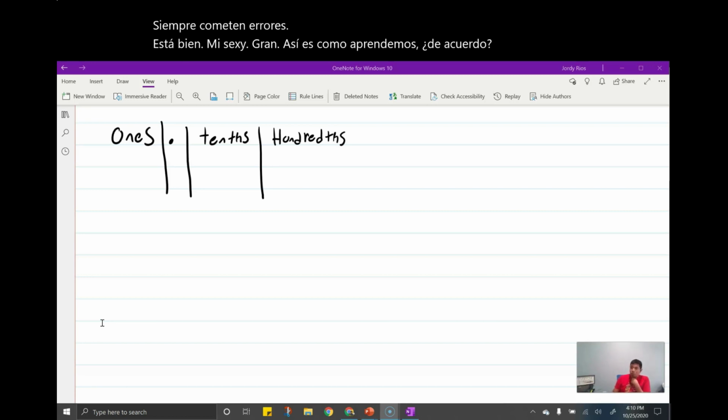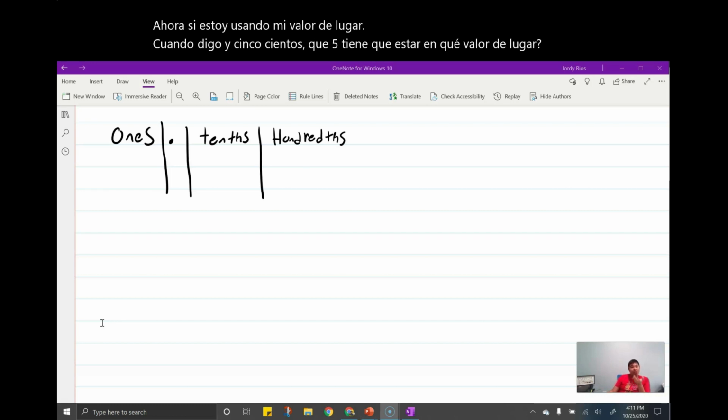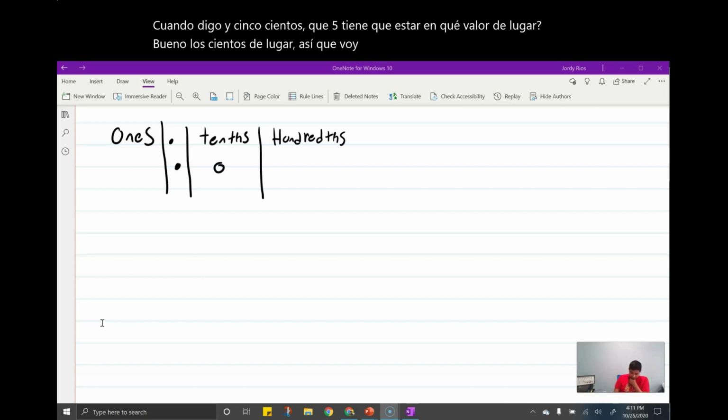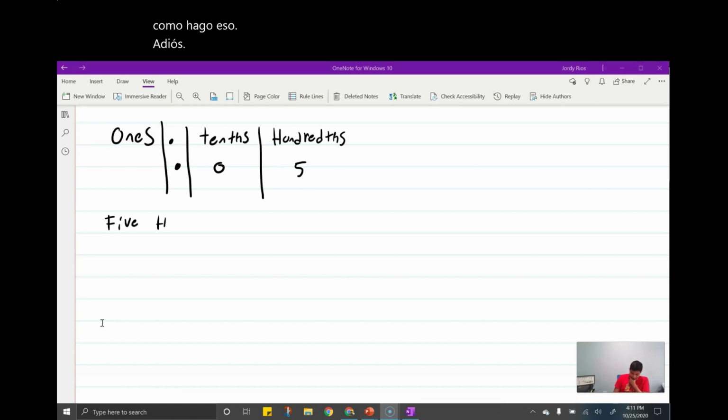So the one I'm trying to write is 5/100. Okay, 5/100. Now if I'm using my place value, when I say "and 5/100", that 5 needs to be in what place value? Good, the hundredths place. So I'm going to write ".05". Okay, and that's how I do that. 5/100 in word form.